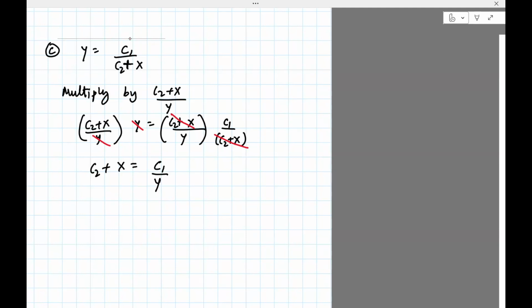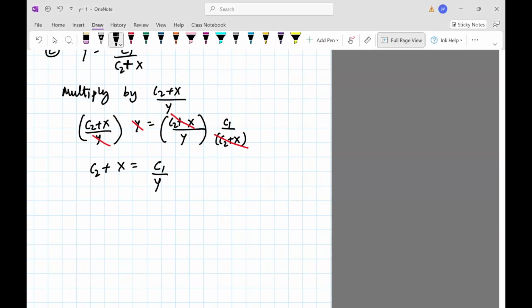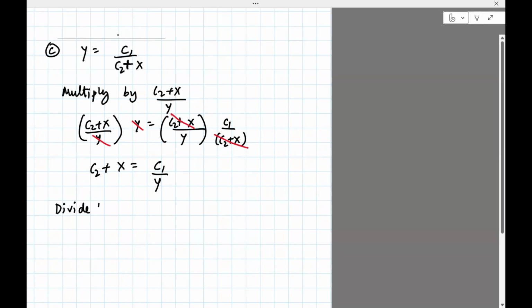We don't want to have anything on the right side, so we will divide by c1. So we'll get c2 divided by c1, plus 1 divided by c1 times x equals 1 divided by y.